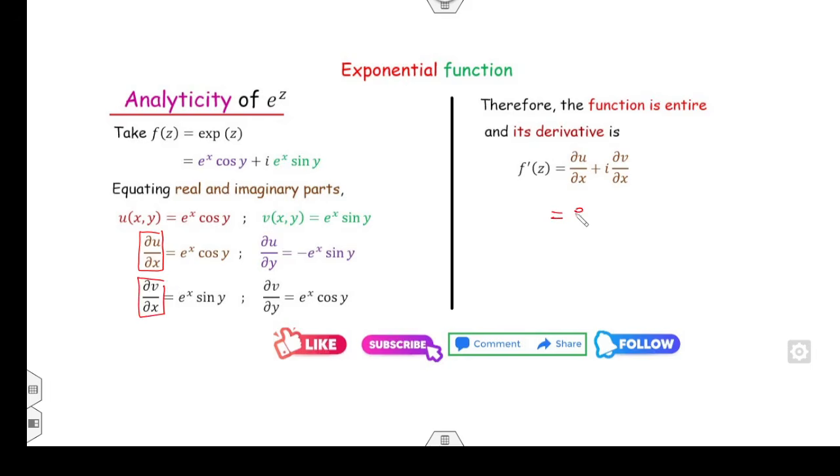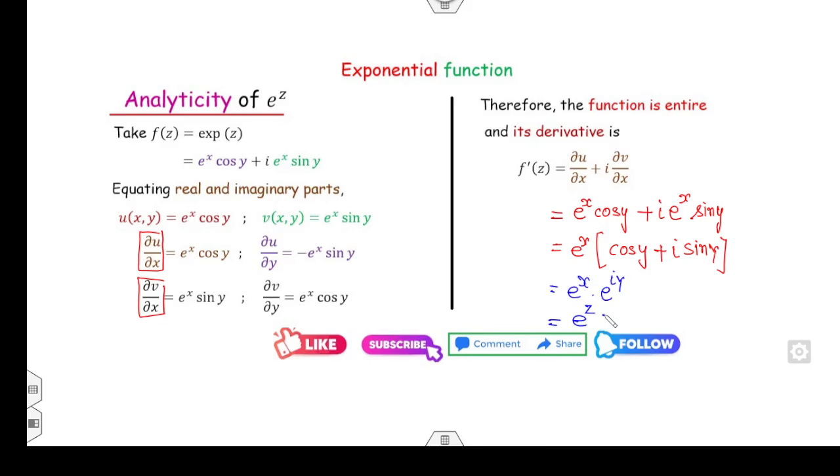If I substitute them, e raised to power x cos y plus iota e raised to power x sin y. I can take e raised to power x common, which gives cos y plus iota sin y. Again, you can see by using the Euler formula, this is e raised to power iota y, so that is e raised to power z.